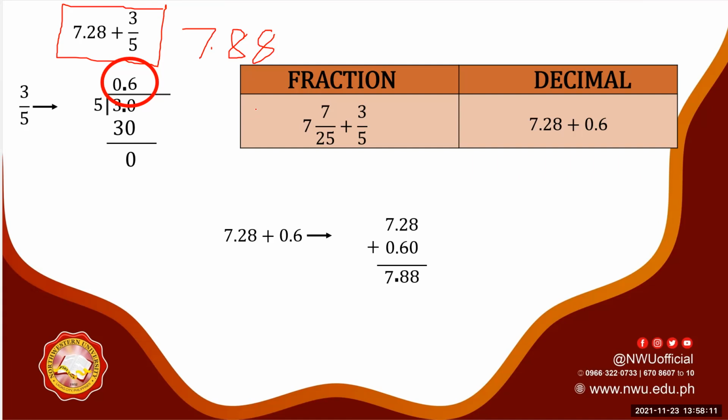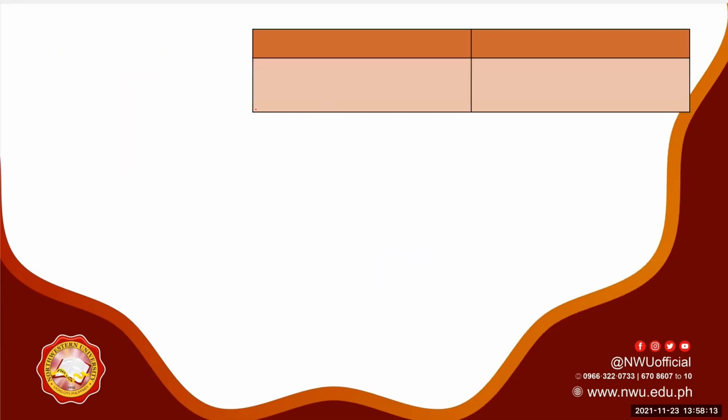Okay? Another example, what if naman you are going to find the product of 2/3 and 2.32. Of course, sabi ko kanina, you can change them both into fractions para makapag-multiply ka, pero you can also change them both into decimal numbers.